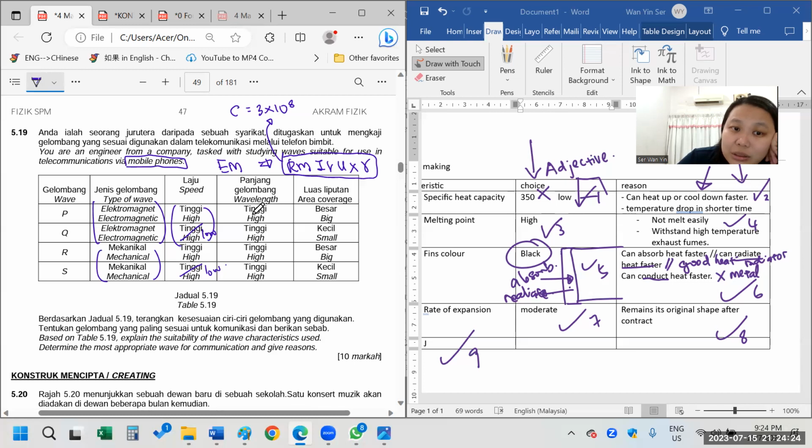I think this one should be high, low, high, low. Typing error. Okay, so now area coverage must be big. So I think answer would be P.